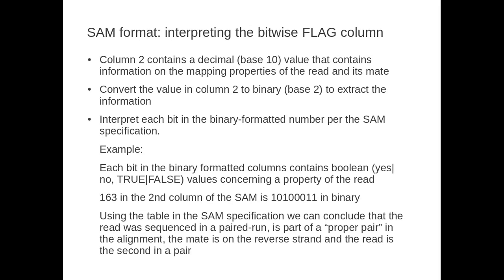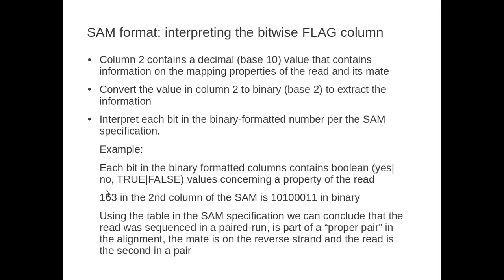That number tells you something about that particular read. Second of all, since computers operate in binary, that is, they work on individual bits, this provides a means by which computers can work on and identify reads of certain classes or that have certain properties very quickly. So let's go through an example here.